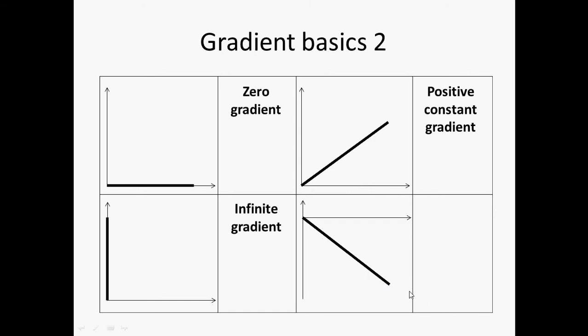So you add these two together, you get a negative constant gradient. I hope that you could understand the way that it's being defined. This is just adding all the characteristics that we have learned in the first video to describe the gradient.